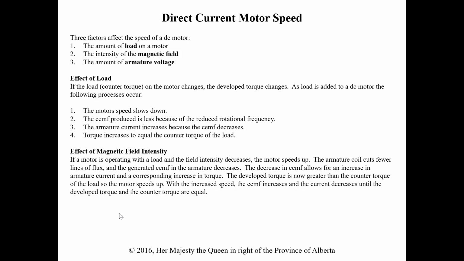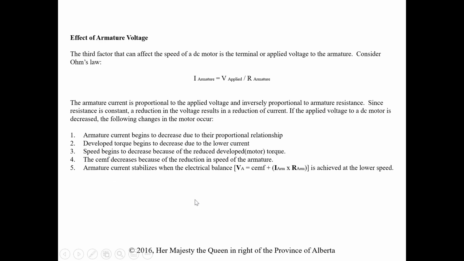Okay, so with the increased speed, the CEMF increases and then the current decreases until the developed torque and the counter torque are equal. So we will see an increase in speed, and then it adjusts to maintain electrical balance again. The effective armature voltage is the third thing that we can affect. Consider Ohm's law: I armature is going to be the V applied over the resistance of the armature.